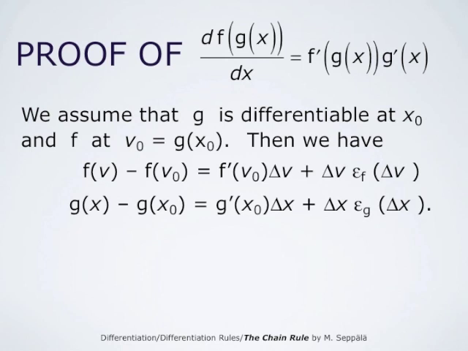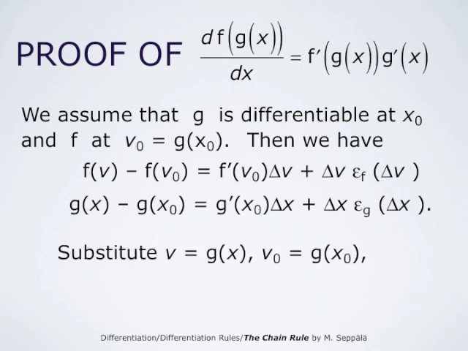So now we substitute in these two definitions of differentiability for f and g, v equals g of x, v0 equals g at x0, and delta of v equals g at x minus g at x0. So delta of v is given by this last equation. Delta of v is g of x minus g of x0, but delta of v can also be written as g prime at x0 times delta of x plus delta of x epsilon g delta of x.